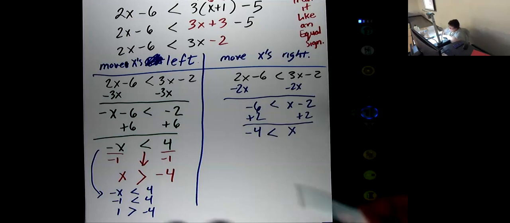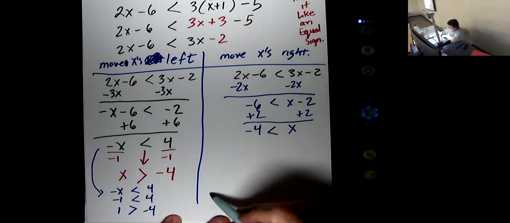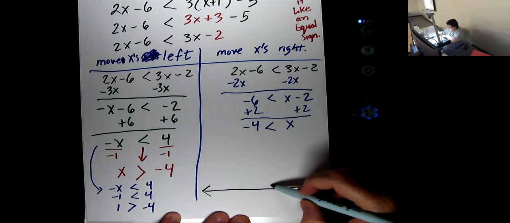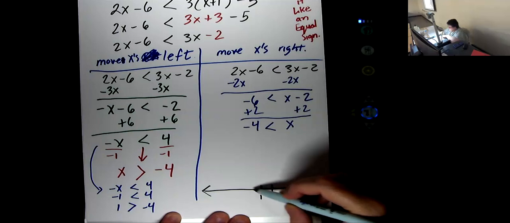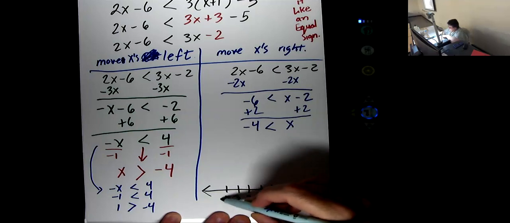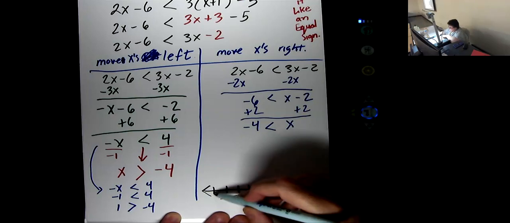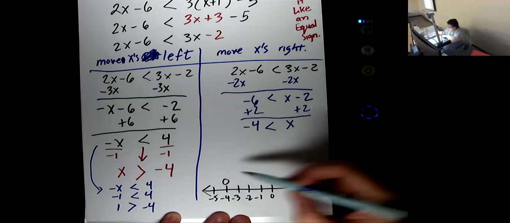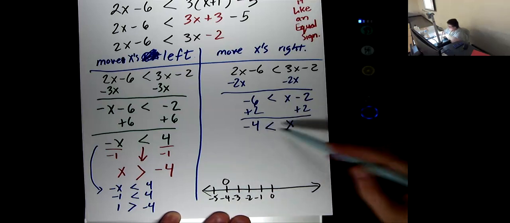But if you're drawing a number line, like I've got a circle on -4, this is a little fuzzy.